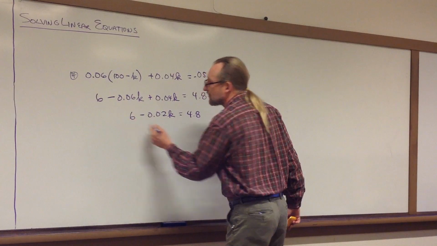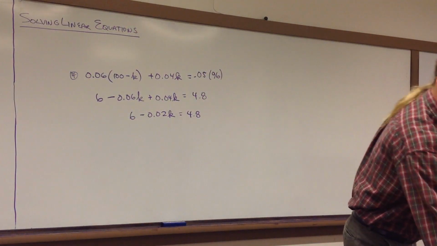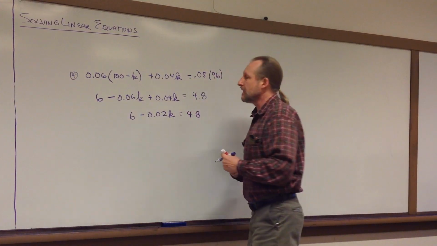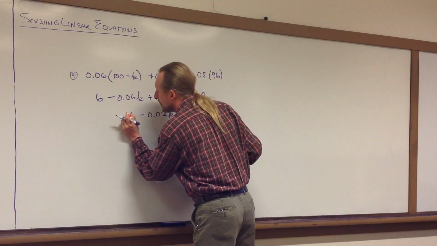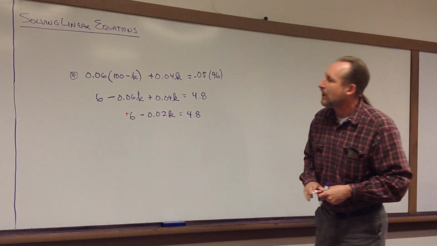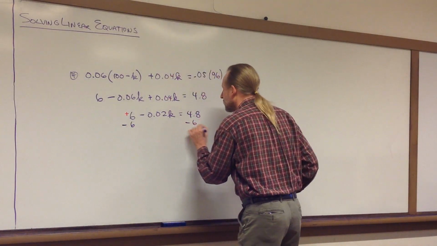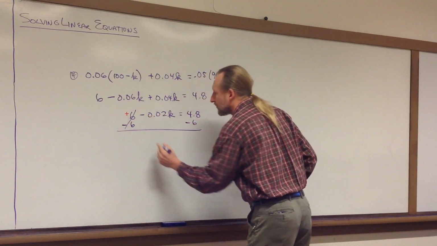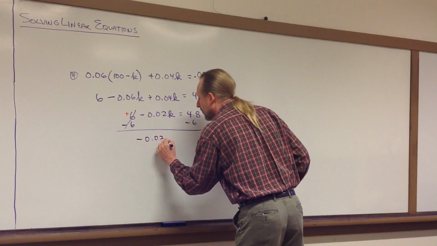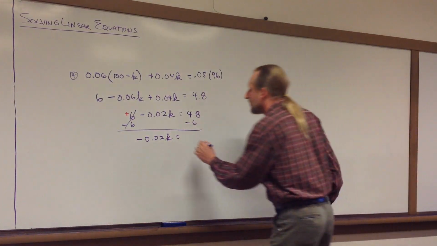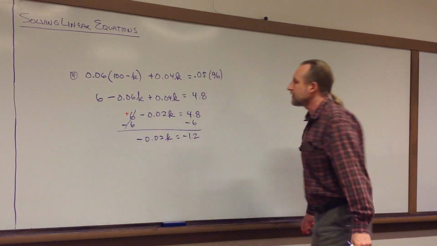This 6, this is what I was talking about last week when we first started talking about combining like terms. The sign for a term is always in front of it. That's a positive 6. If you want to move it to the other side, you're going to have to subtract 6. Negative 0.02k is going to be equal to 4.8 minus 6. That should be negative 1.2.